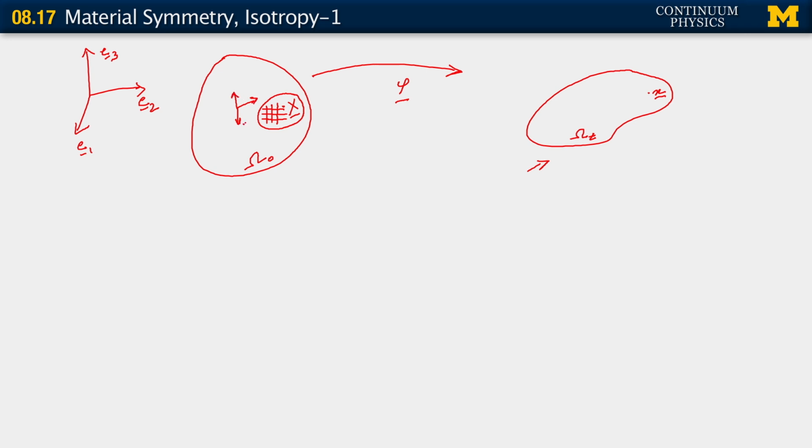Okay? So this is E1, E2, E3. Right? I've just drawn them on the material. Okay? And now I'm going to give that reference configuration a rigid motion.